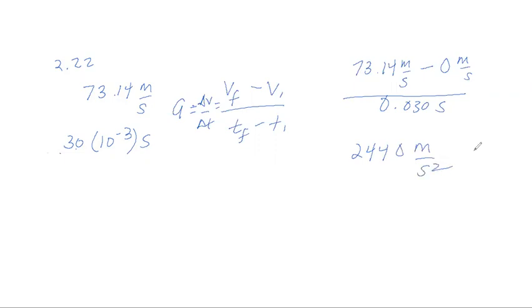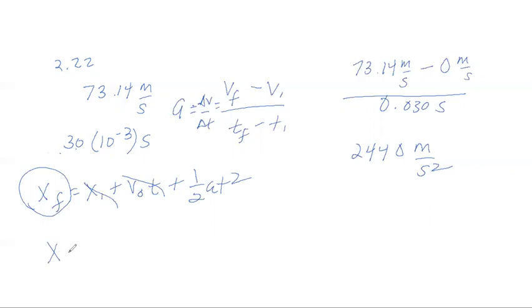And now we want to know the distance. We'll use our handy dandy polynomial. X final equals x initial plus v naught t plus 1/2 a t squared. We know x initial is 0 and v initial is 0.